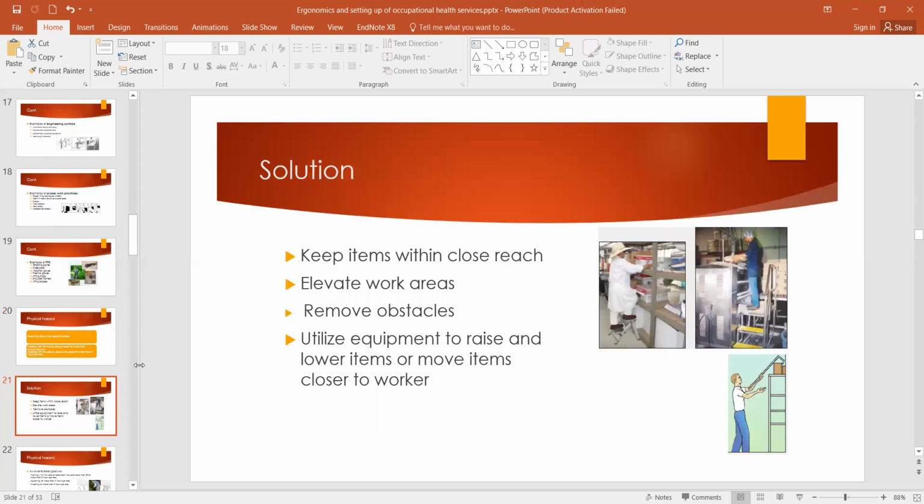The solution for prevention of this hazard: keep items within close reach, elevate work areas, remove obstacles, utilize equipment to raise and lower items or move items closer to the worker.